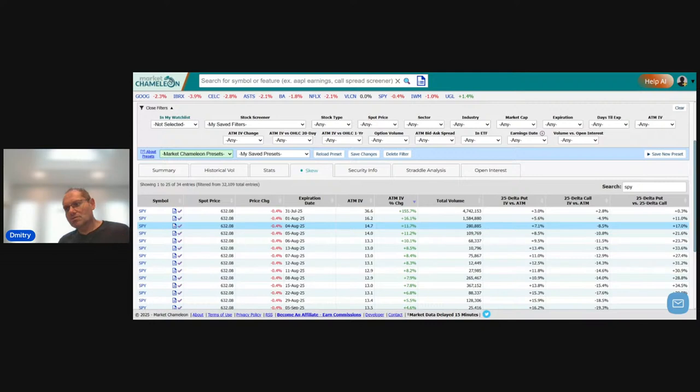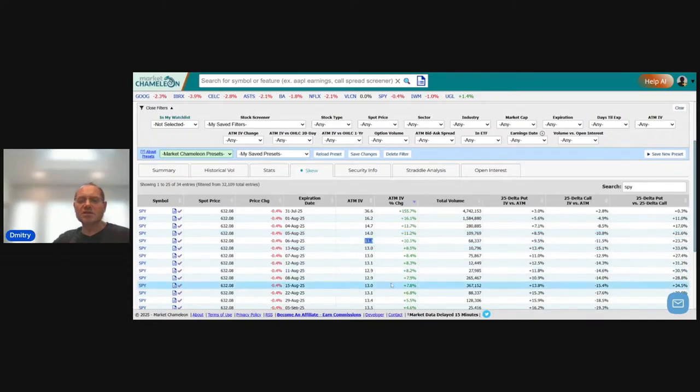In other words, if we start out with the at the money implied vol, right? Let's say over here there's an at the money implied volatility, which is the implied volatility for the option that has a strike price equal to the stock price. So that's at the money. And when we look at the options within an expiration, the implied volatilities could be different on different strikes.